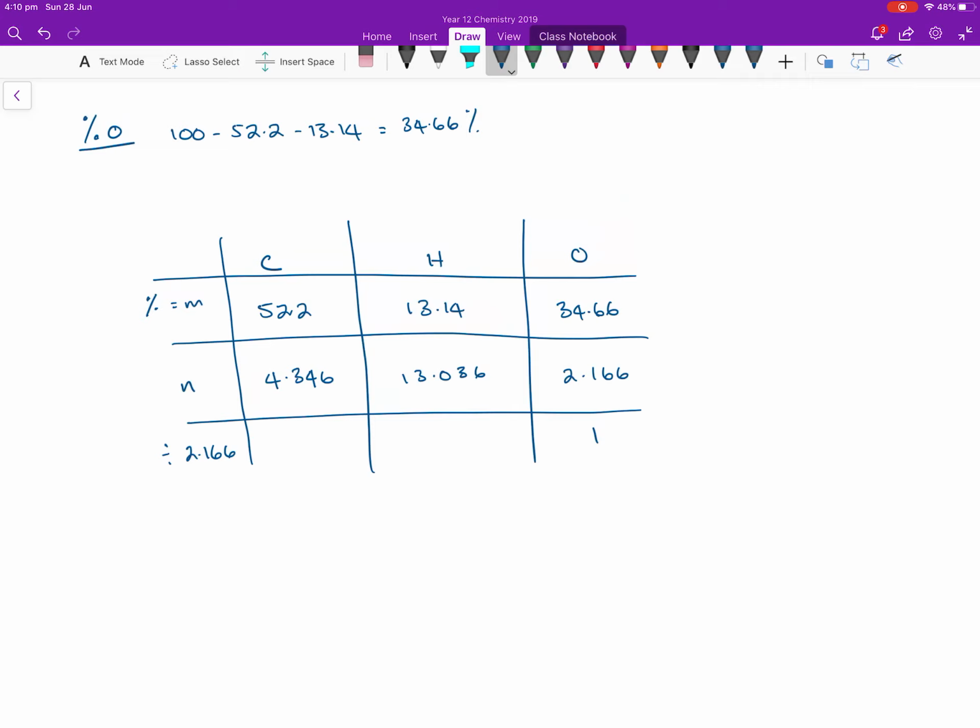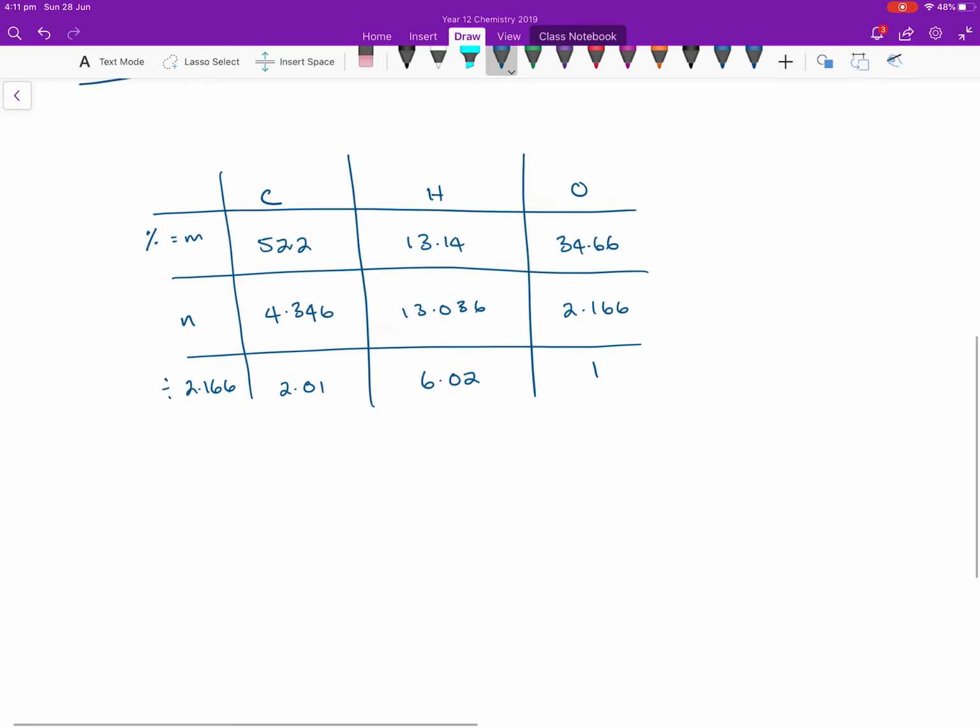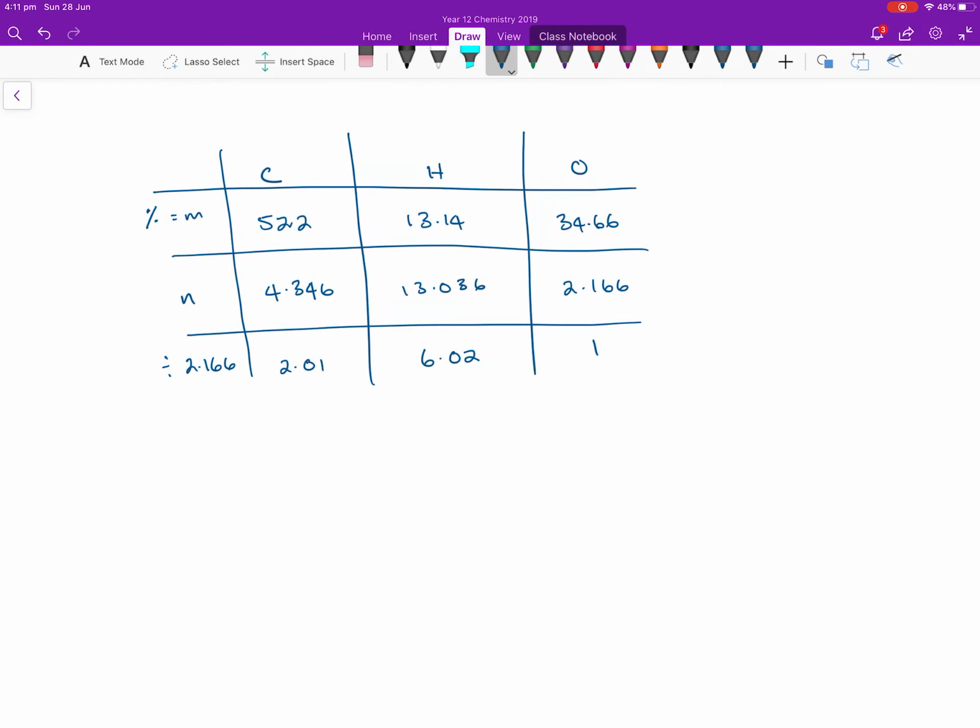So 4.346 divided by 2.166 gives us 2.01 for carbon. 13.036 divided by 2.166 gives us 6.02 for hydrogen. And remember I said that if it's within 0.1, we can round.